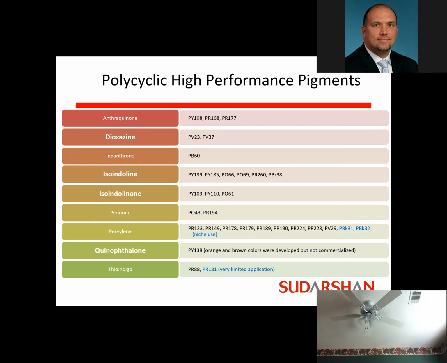Again, I mentioned here that the red 181 has a very limited application in use. For today's talk, I've highlighted the color indexes that we'll spend some time reviewing, so that you get a sense of each of these chemistry families and what they bring to your color development needs in your applications.